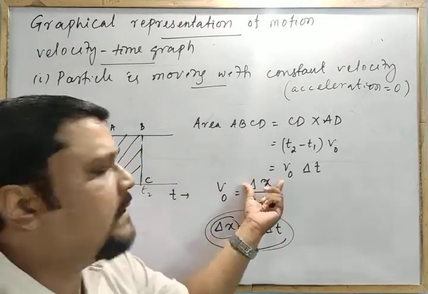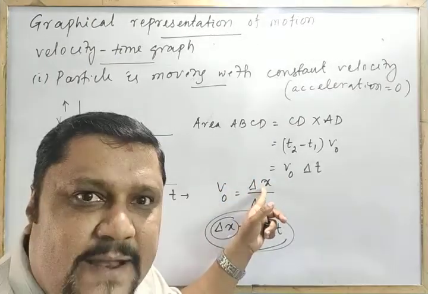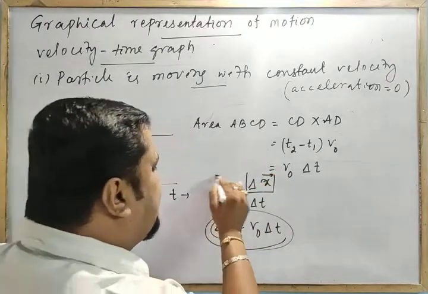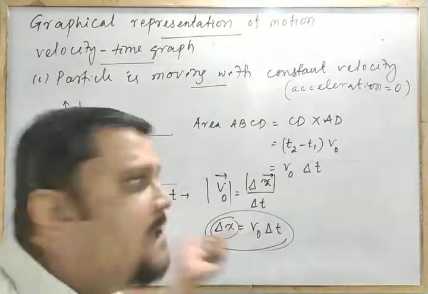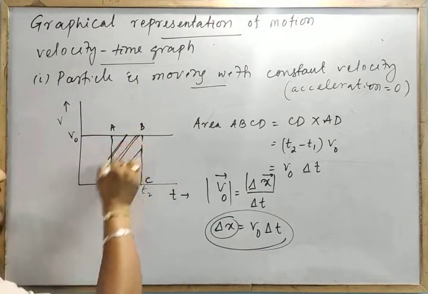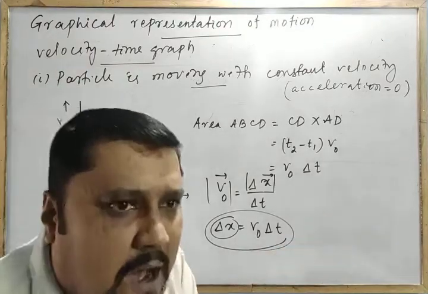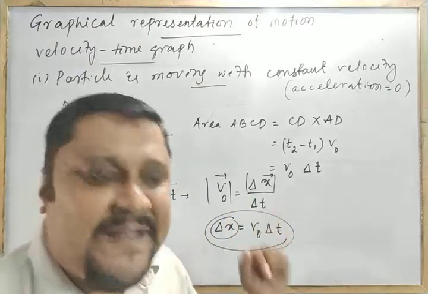The distance covered, if it is speed, or the magnitude of displacement. So the area below the velocity-time graph represents the distance traveled by the particle.